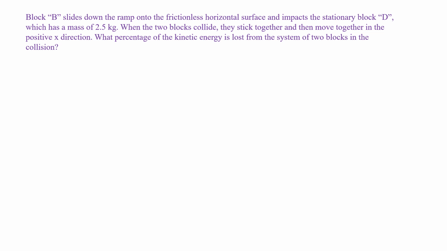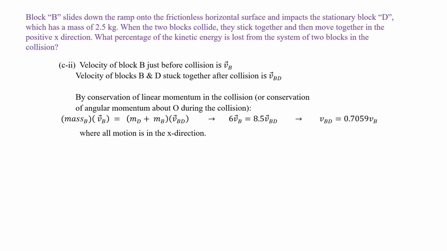So it slides down the ramp onto the horizontal surface, impacts the stationary block D, which has a mass of 2.5 kilos. When the blocks collide, they stick together and move together in the positive x direction. What percentage of kinetic energy is lost from the system of two blocks in the collision? So before collision and after collision, you have the two things.